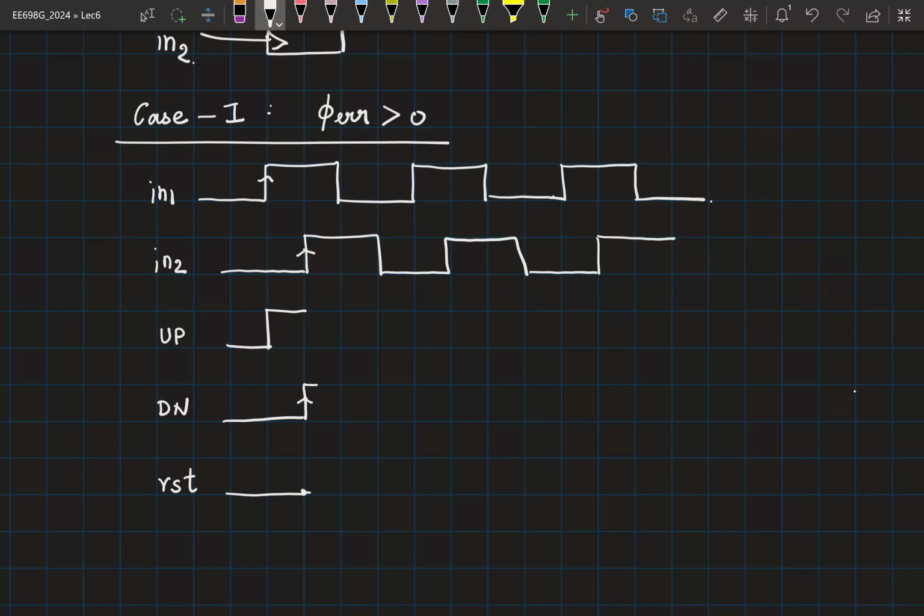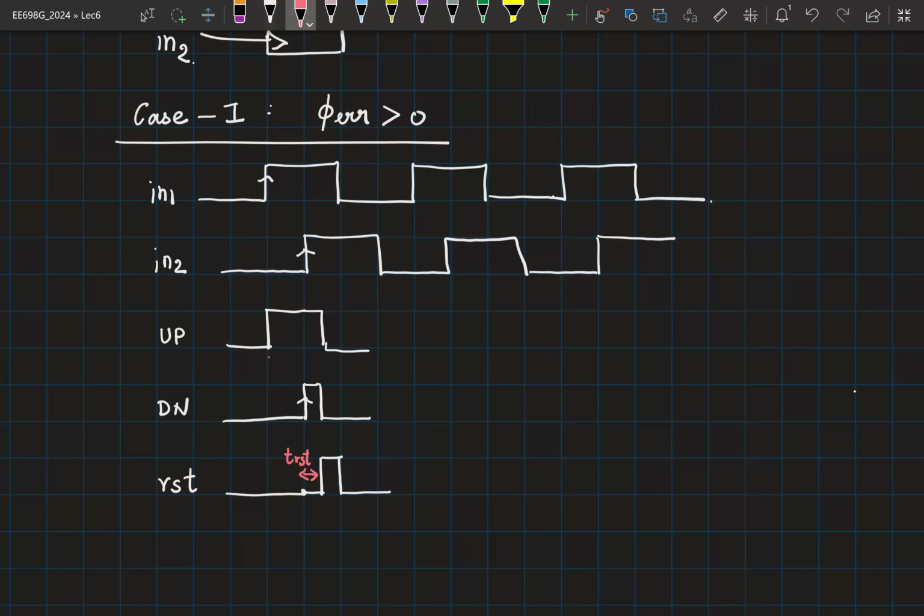So it will go high after a T reset delay. Once the reset goes high, your up is going to come down, down is going to come down. And once up and down have come down, again after a T reset delay, this will come down.